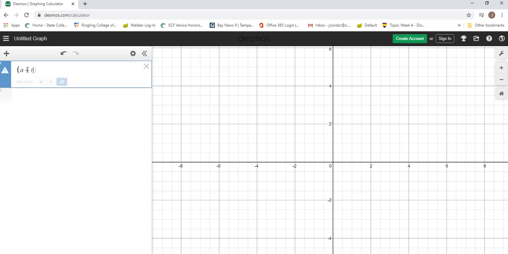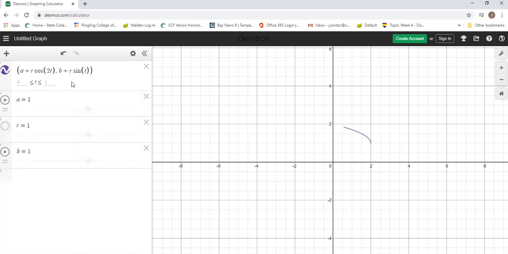A plus R cosine of 2t, comma, and then B plus R sine of t. Okay. There we go.